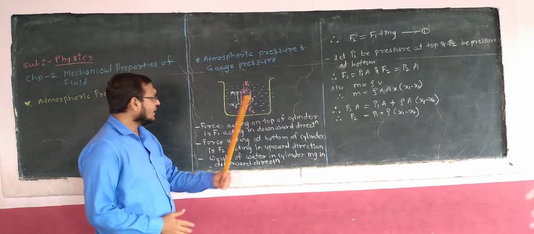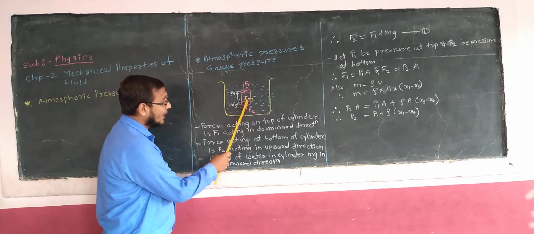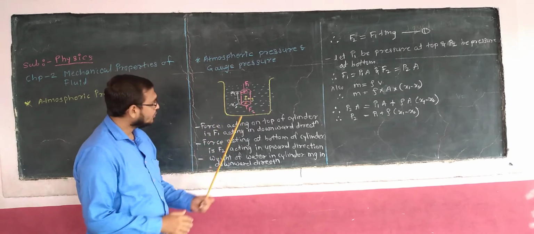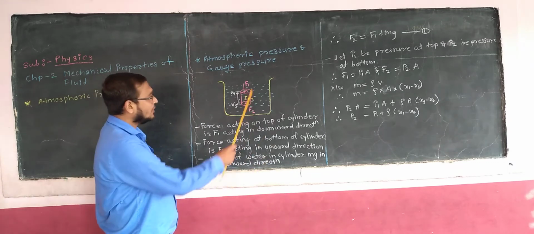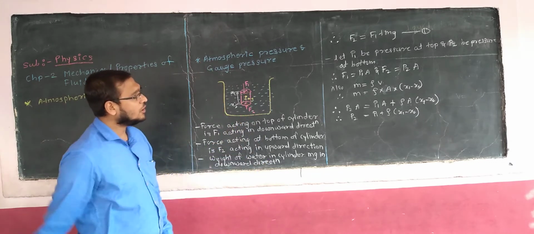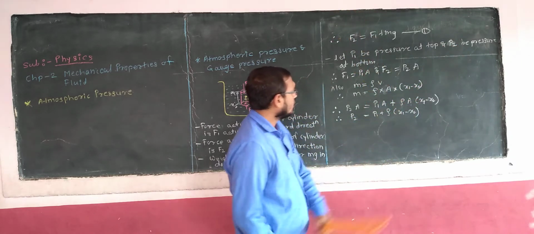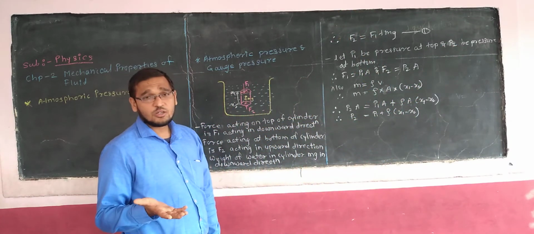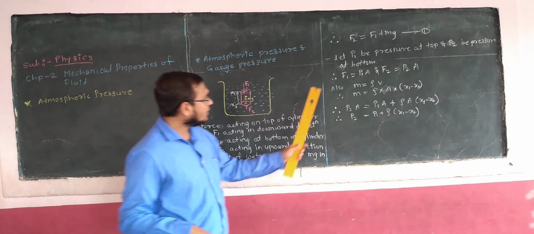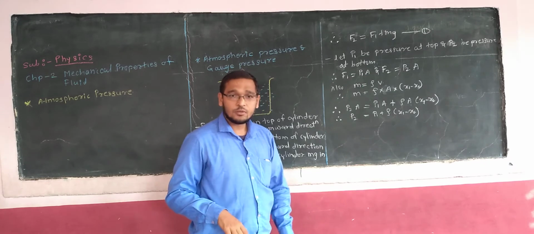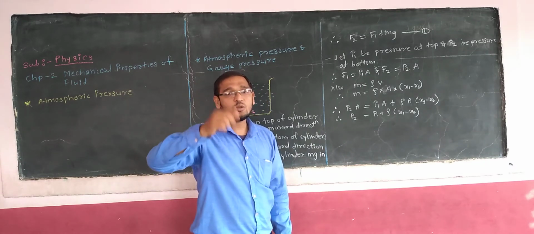Now, let the pressure at the topmost position be P1 and at the lower position be P2. We have the definition of pressure: pressure is equal to force upon area, so force is equal to pressure into area.